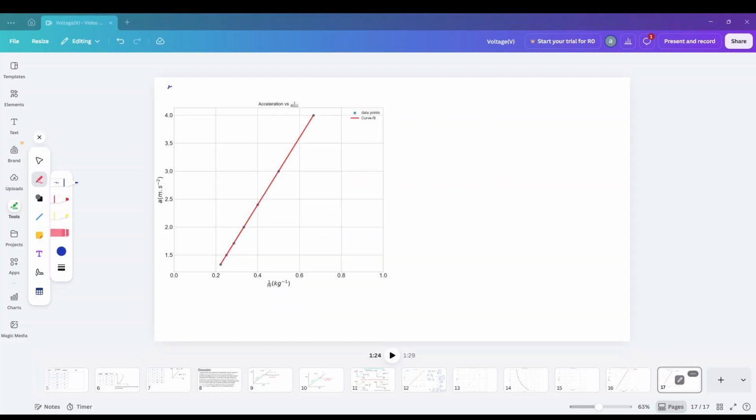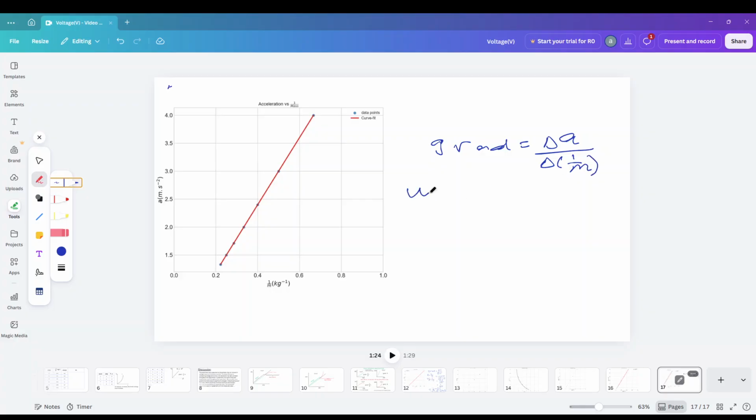Right, so let me calculate the gradient here. The gradient is the change of the variable in the y-axis, which is in this case acceleration, divided by the change of the variable in the x-axis, which is the variable 1 over m.